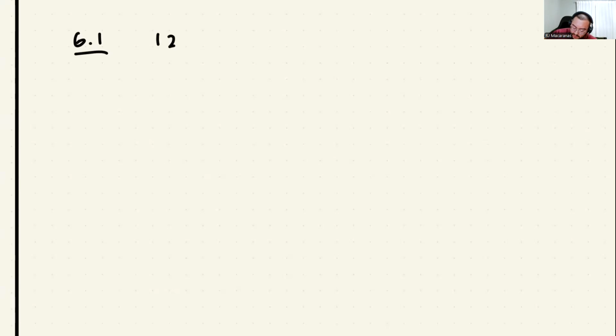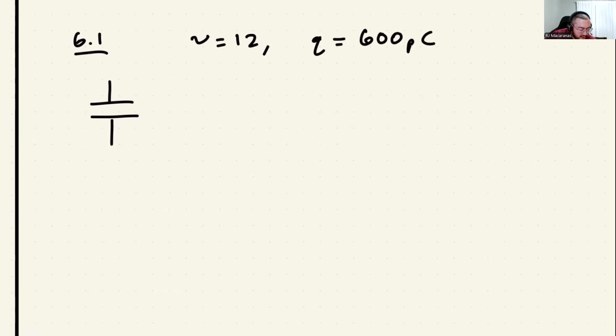We have these two parallel plates at 12 volts, and it's got a charge Q of 600 picocoulombs, and it's asking what is the capacitance.